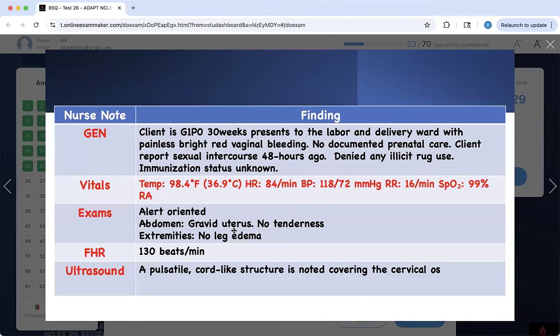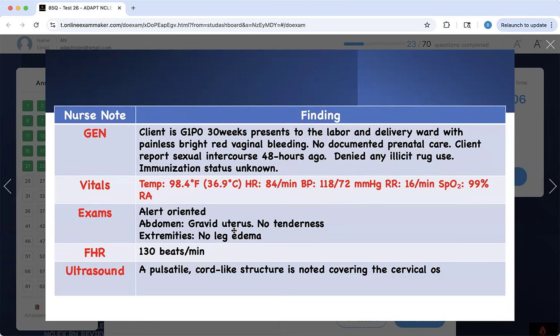Client with G1P0, 30 weeks pregnant, comes to the labor and delivery with painless vaginal bleeding. That's a buzzword. If you see that, anything that follows, you should match it with painless vaginal bleeding. No documented prenatal care. That means never had a prenatal care. Client reports sexual intercourse 48 hours ago. Is that what was causing the bleeding?